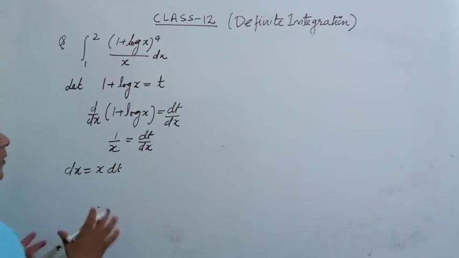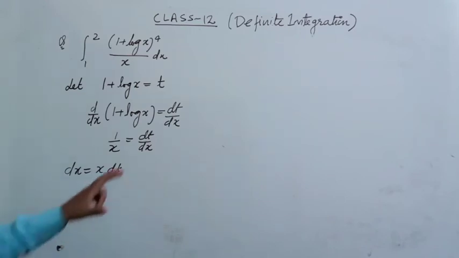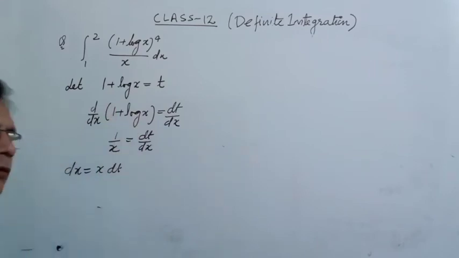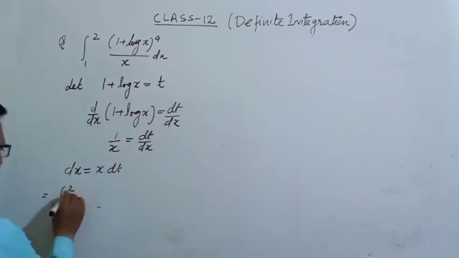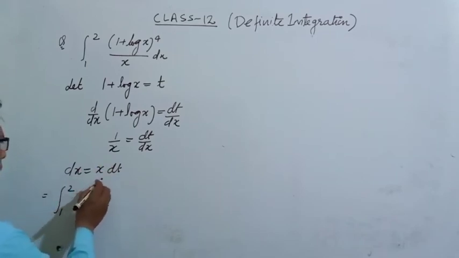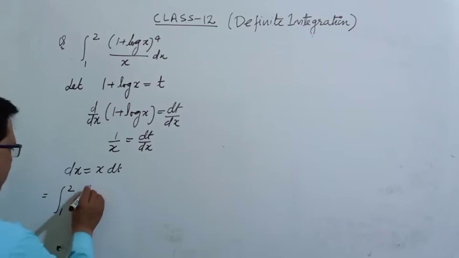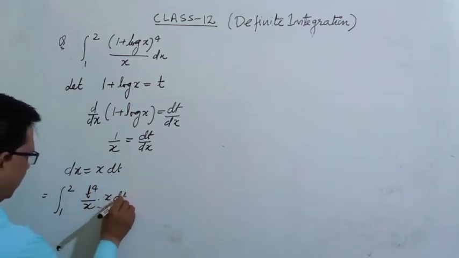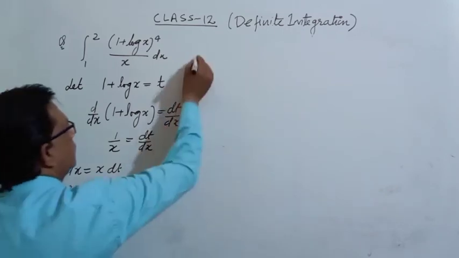We do not change the limit. After integrating we substitute the value of t, then put the limit. So this is 1 to 2, and this becomes t to power 4 upon x into x dt. This cancels out.